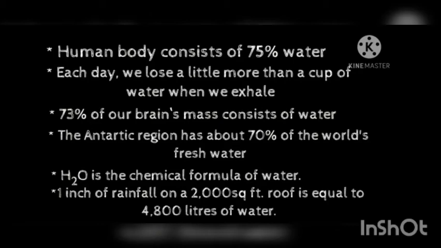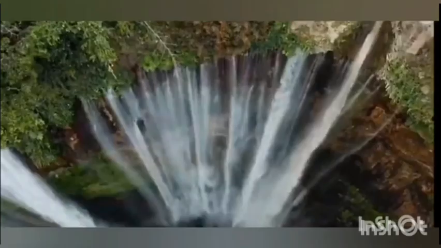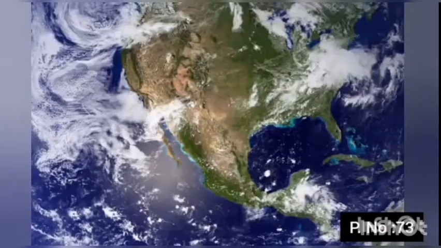1 inch of rainfall on a 2000 square feet roof is equal to 4800 liters of water. Now let us know about the importance of water cycle.